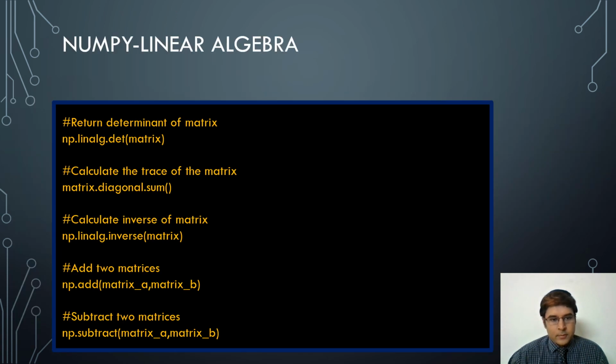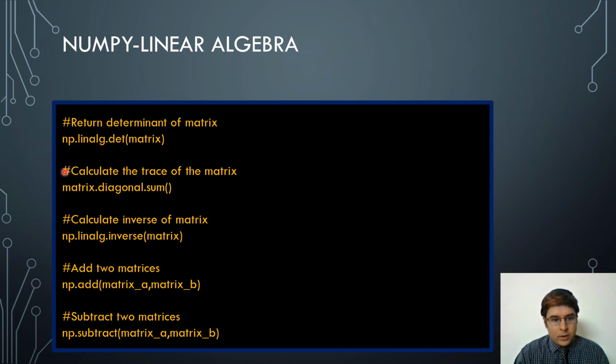Next, we discuss some linear algebra operations with NumPy. We can take the determinant of a matrix with the help of the function linalg.det. Linalg, or linear algebra, is the module in NumPy that allows us to perform various linear algebra operations on matrices and other objects.